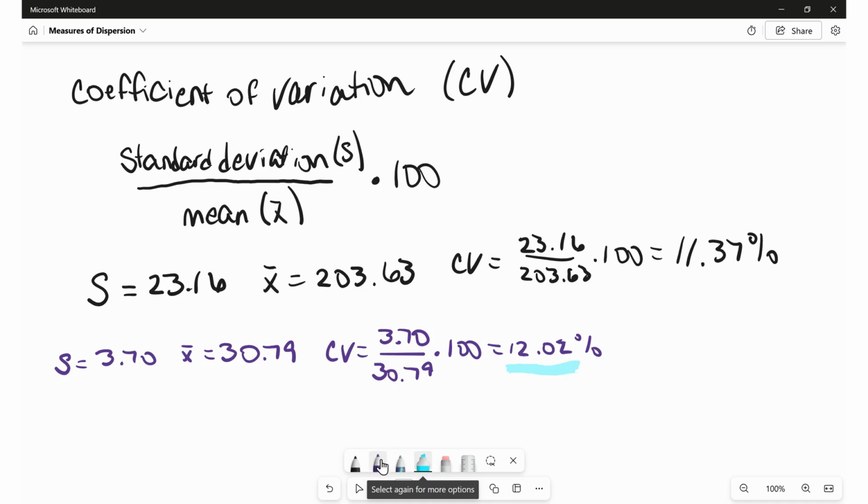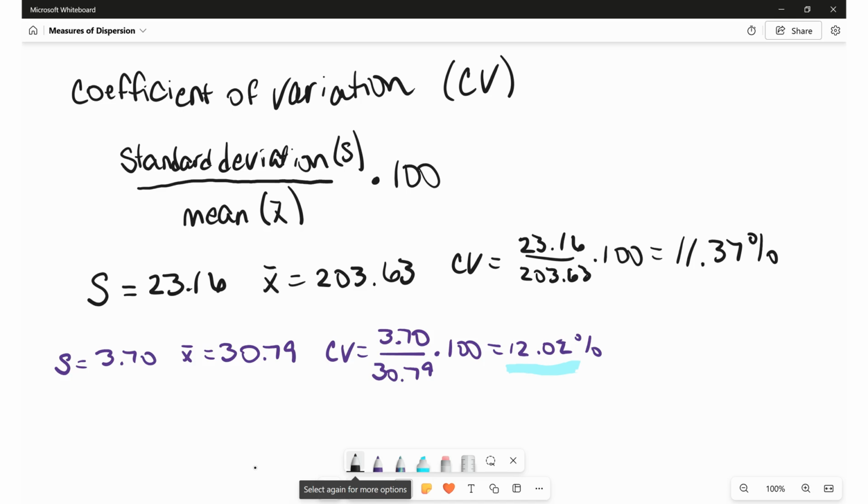It has a coefficient of variation of 12.02, which is higher than stock number 1. Because it has a higher coefficient of variation, this stock is actually more volatile, which means that it is more likely to vary in price.